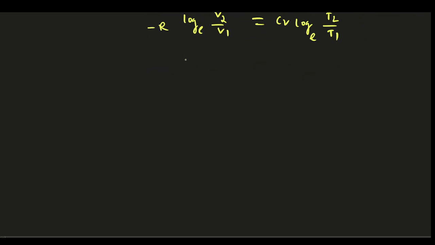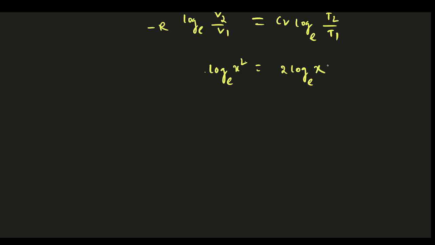And another thing we also know: log e x squared, this power can be taken out as a coefficient, that is 2 log e x. So this 2 can be taken here.